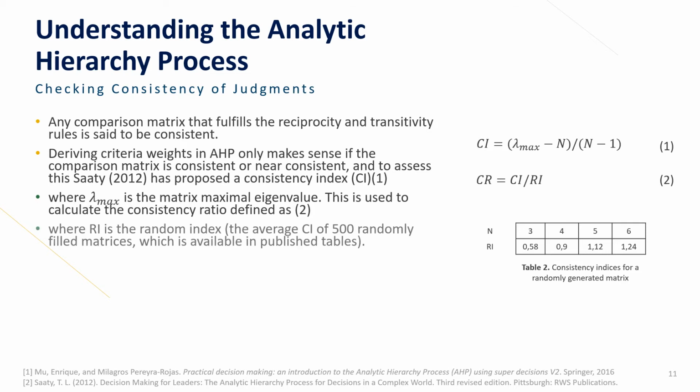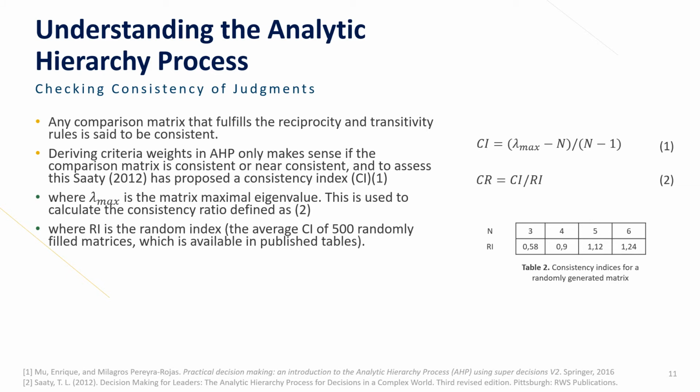Based on this consistency index, you can calculate the consistency ratio, using formula number 2, in which you divide the consistency index by the random index. The random index comes from a table based on randomly generated matrices, in which the numbers are already defined.